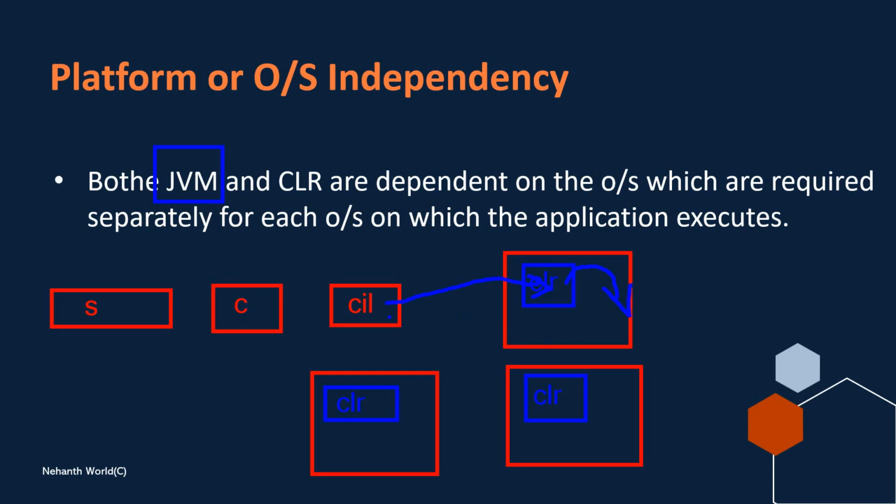In the same way, in the other operating systems also, this CLR will generate the machine understandable code. So that is how Java or .NET are operating system or platform independent programming languages.